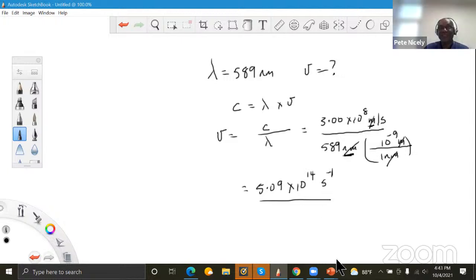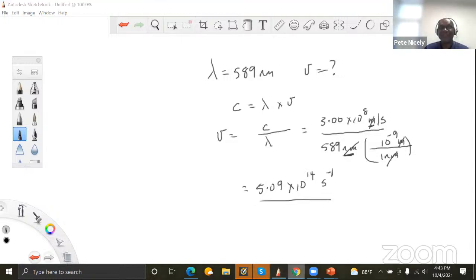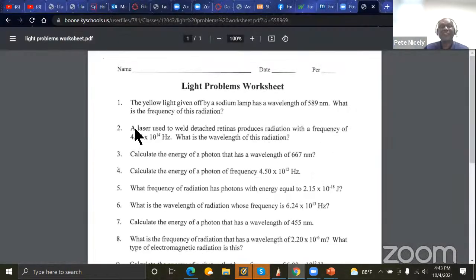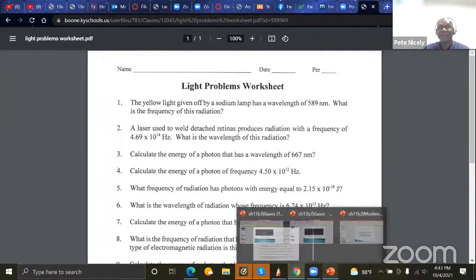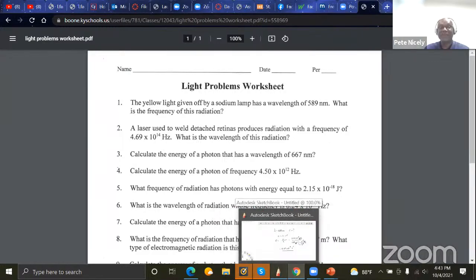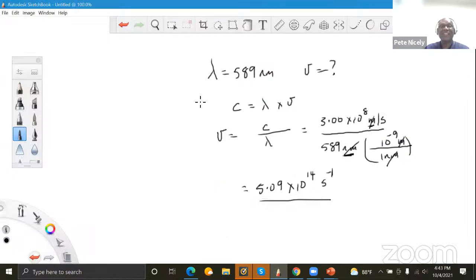Okay, let's look at another example. It says here, a laser used to weld detached retinas produces radiation with a frequency of 4.69 times 10 to the 14. What is the wavelength of this radiation? So we're going to use the same equation here, but the frequency is given. 4.69.